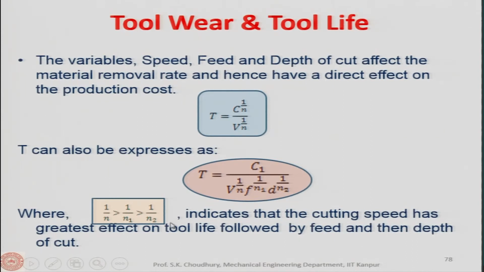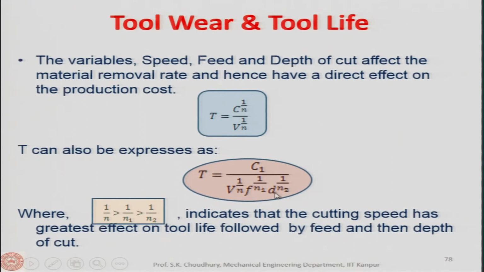This experimental finding indicates that the cutting speed has the greatest effect, because the power of the cutting speed is more than the power of the feed, which is more than the power of the depth of cut. So cutting speed has the greatest effect on tool life, followed by the feed and then the depth of cut.